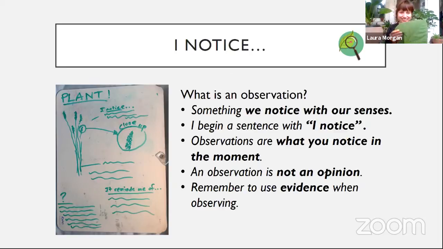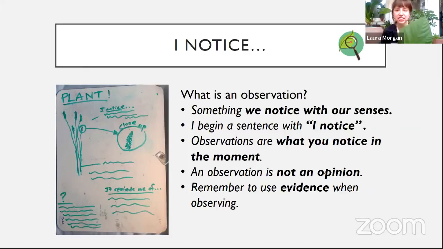And touching, right? I know that I am making an observation when I start my sentence with the words I notice, okay? So I notice that my leaf is really big, right? That would be an observation. Or I notice that my leaf is green would be an observation.